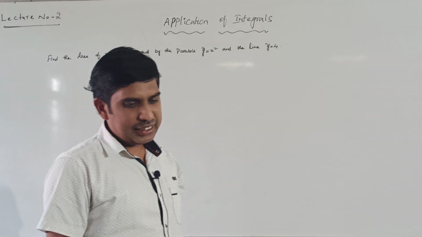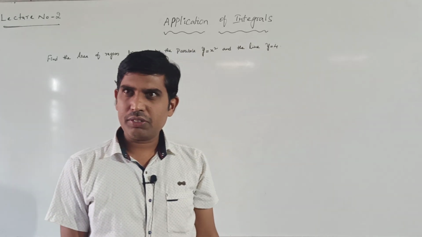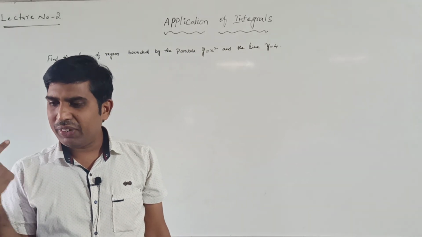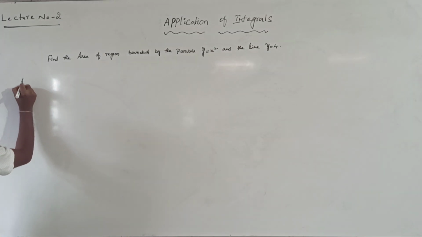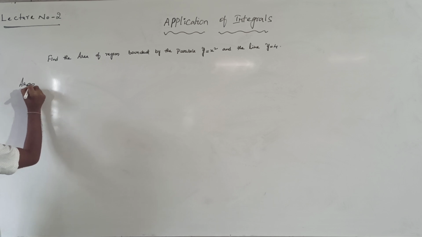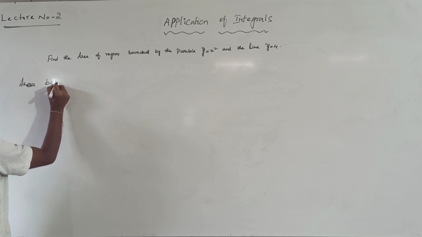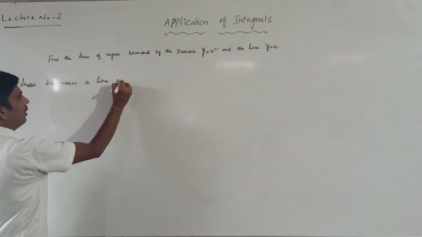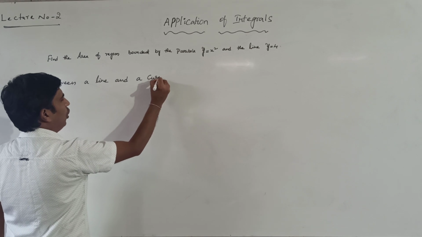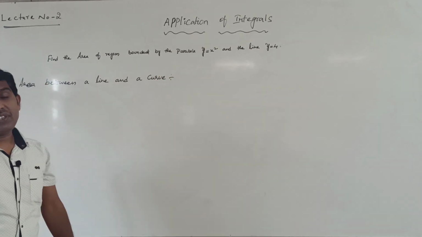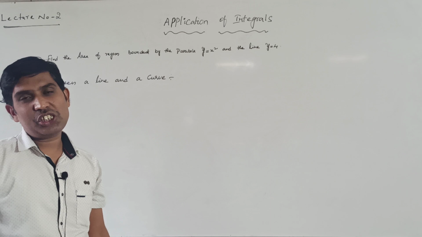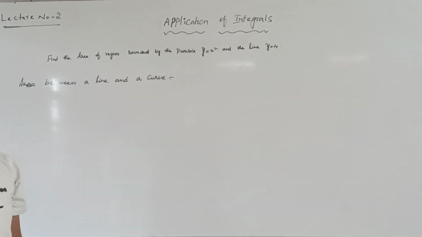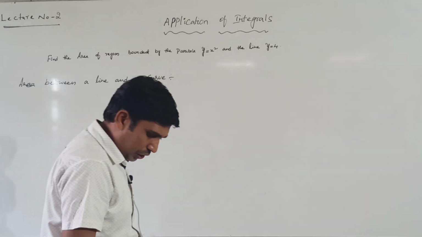Up to now we discussed the area of simple curves. Now here, what is the concept before that? Nothing but the area between a line and a curve. One curve equation and one line equation are given. How to find the area?